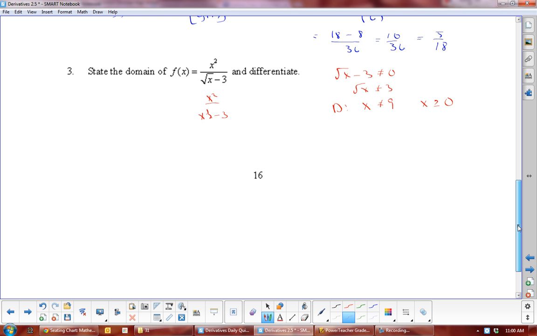Okay, so f prime of x is low, x to the 1/2 minus 3, d high would be 2x, minus high, d low would be 1/2 x to the negative 1/2, and then minus 3 would be minus 0, so you have to put that all over low squared, x to the 1/2 minus 3 squared.